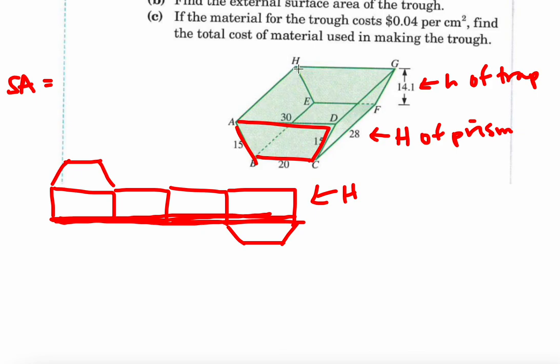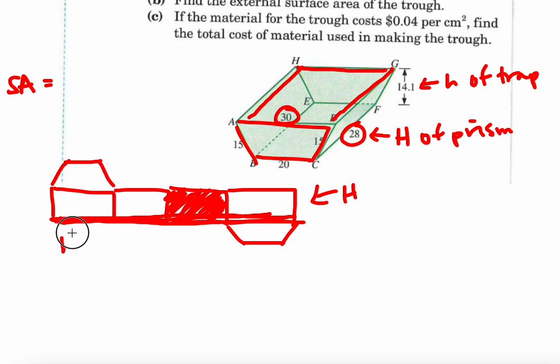So this top up here is not going to be counted in. It's gone. So we need to subtract this rectangle out, okay? What would the dimension of that one be? That one would be 30 by 28. The 30 by 28 is gone. So we actually are missing one of the rectangles here because it's open.